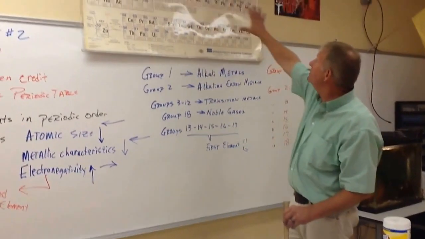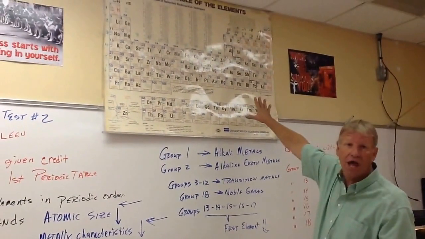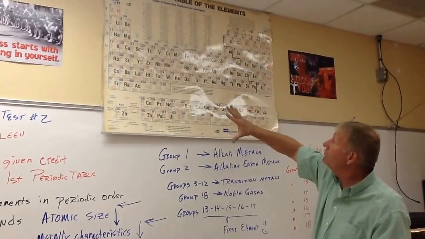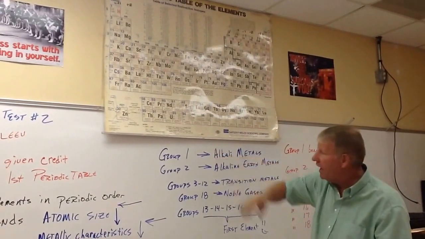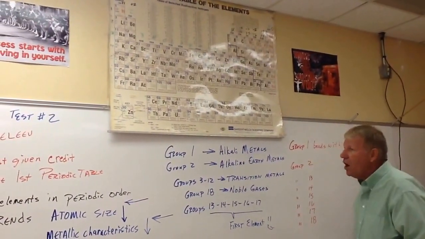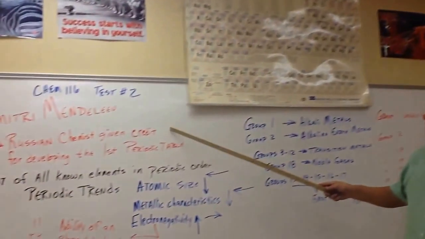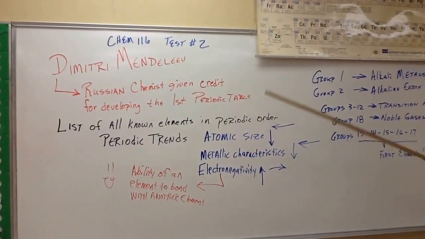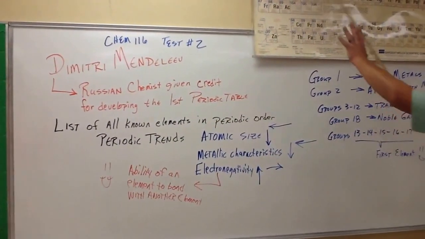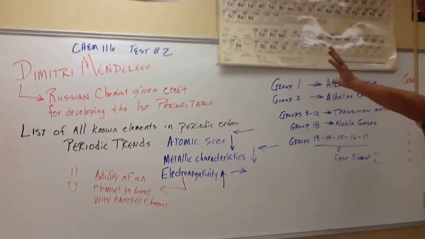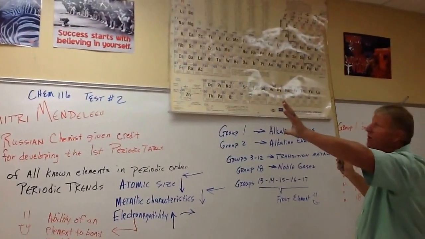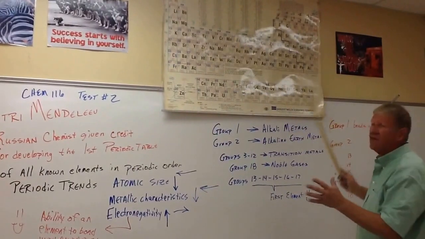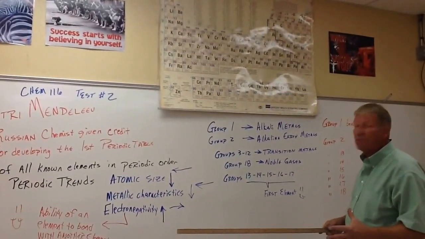Everything is organized in certain ways that form periods and patterns. The first thing we need to know, other than that Dmitri Mendeleev was the first one given credit for developing the first periodic table, is that it was pretty limited, with just a handful of elements, but he was able to put things in some kind of order.